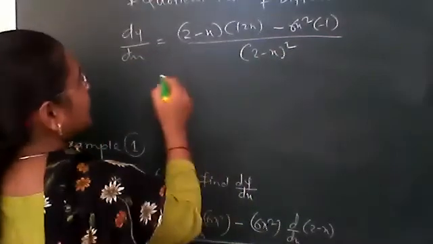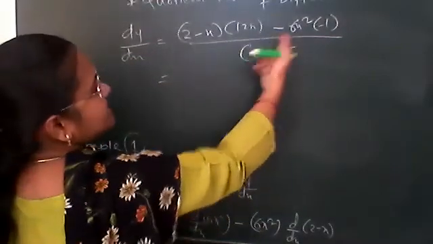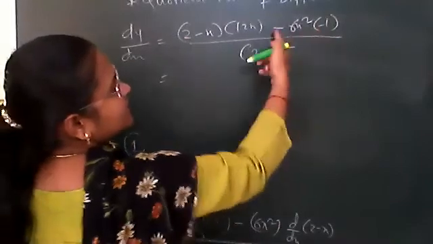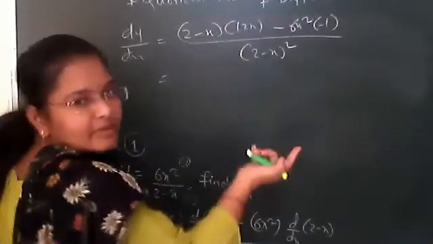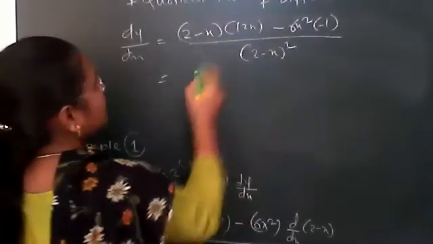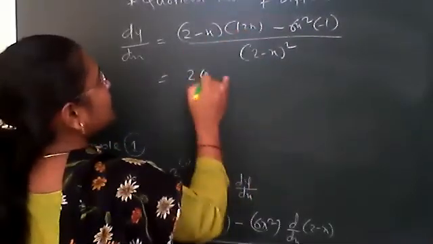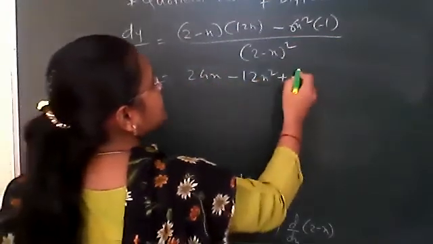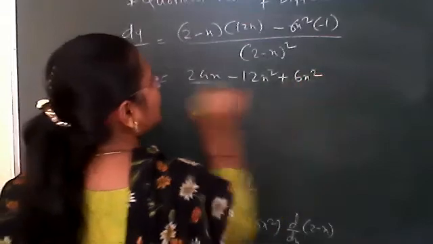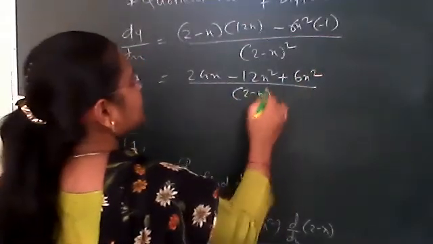Okay. So we'll multiply this now, because here minus 6x square into minus 1 will be plus 6x square. And here minus 12x square will be there. So 12x into 2 will be 24x, minus 12x square plus 6x square, whole thing divided by 2 minus x whole square.